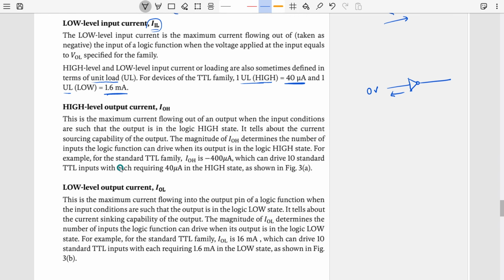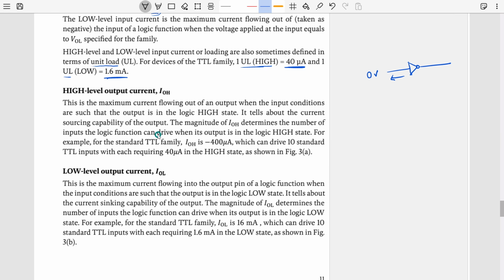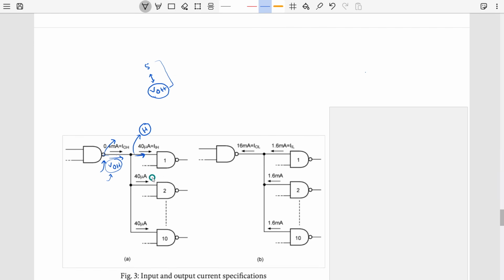Now the same idea, same thing we have discussed, but this is for the case of output. Whatever we talked about earlier was for the case of input, but what happens if we talk about the output? Here, whatever current is going into these inputs comes from the output of these gates, right?